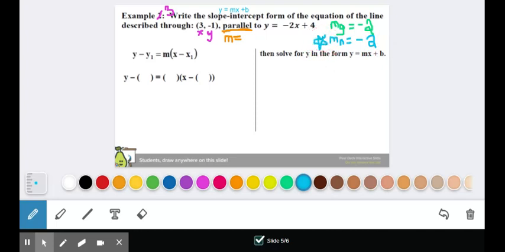I have an x1 value, and I have a y1 value. So I can fill out point slope form. I know my y1 value is going to be -1. I can plug that in right there. y1, -1. My m value, I just figured out because it's parallel to my original slope, is -2.